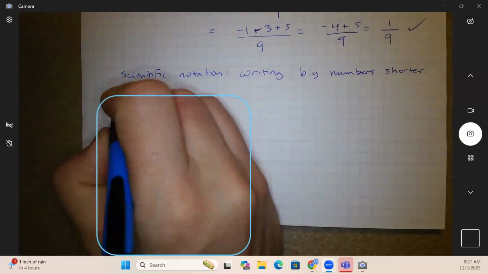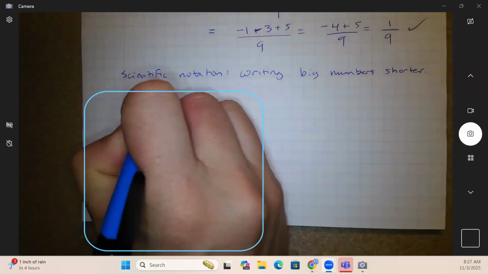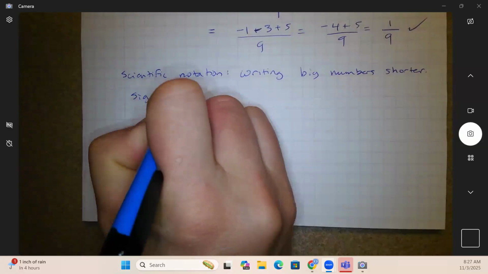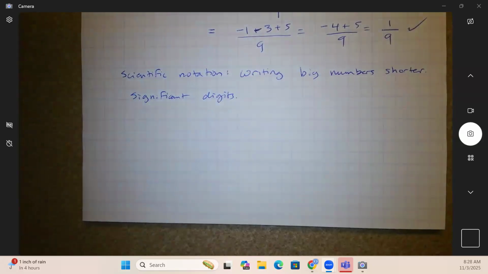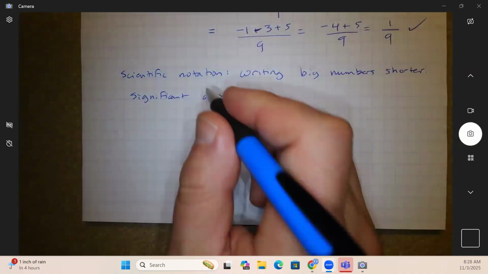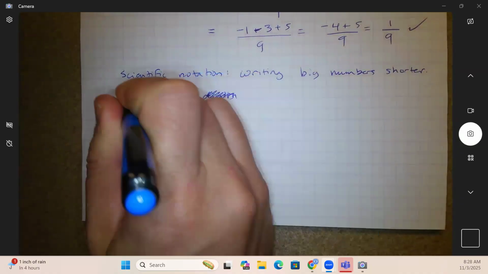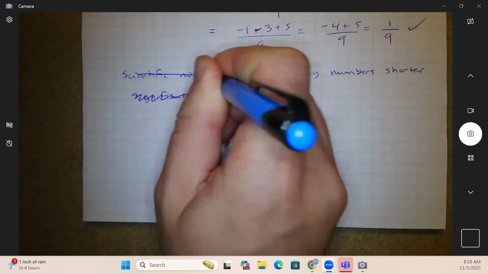But before we get to that, let's talk about significant digits. Or sorry, significant figures is the word the book uses. And I'm just going to start a new page.